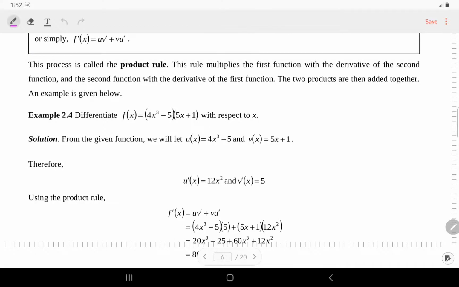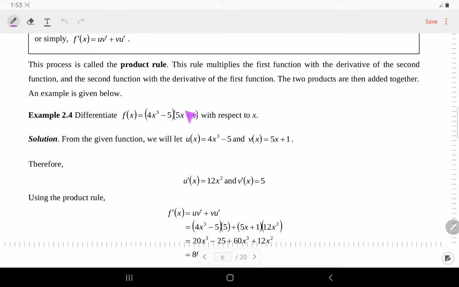Okay, look at this example, where we need to use the product rule, because here we can see we have two functions that are multiplied with each other. So we assume u is equal to this function, and this is our v. U times v.